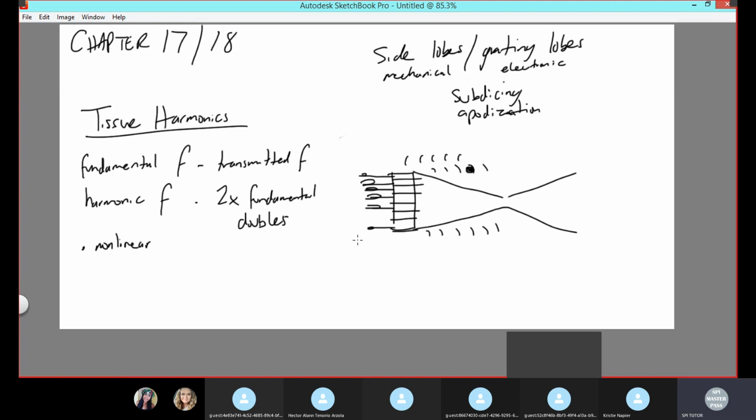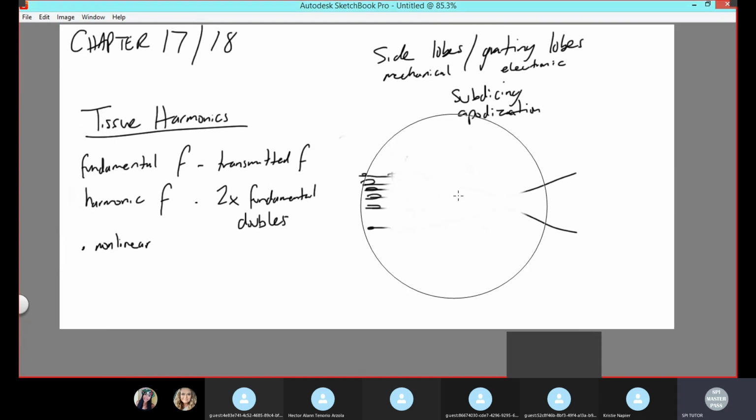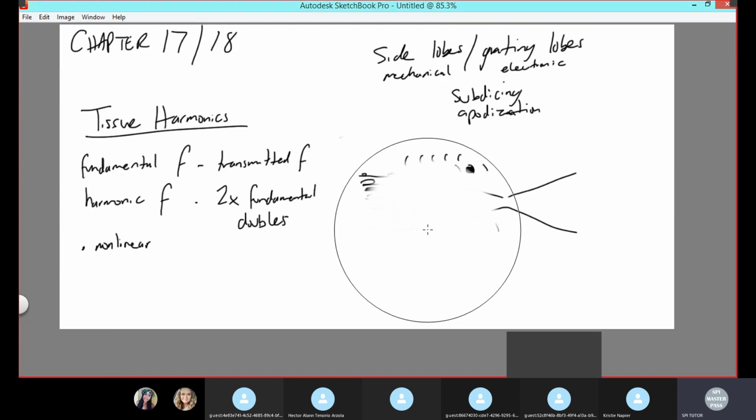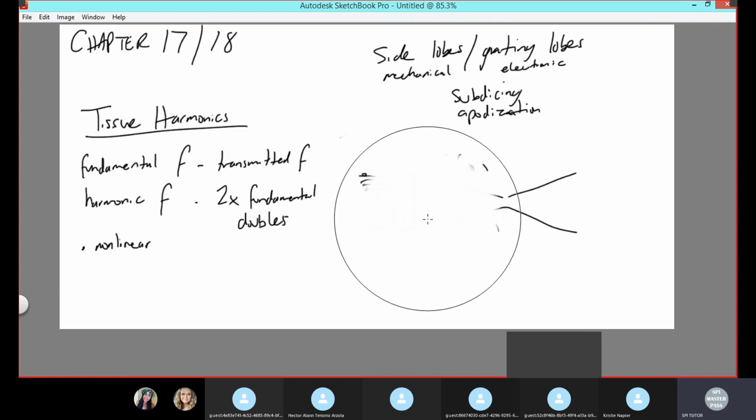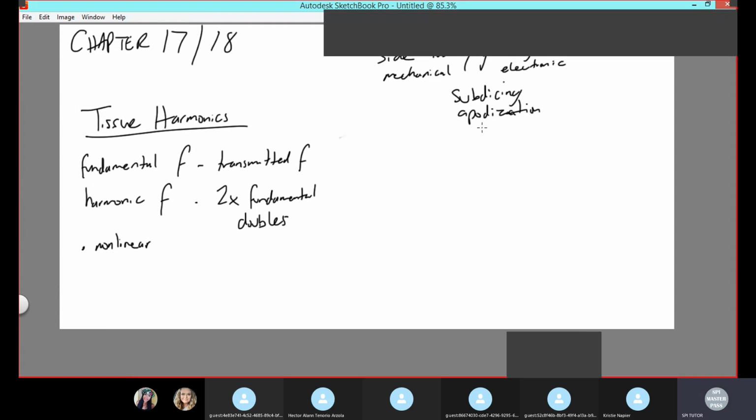And that just reduces your chances of getting anything from the sides because you made them so weak to begin with. So it's just good to know these terms exist, okay? So tissue harmonics helps with side lobes and grating lobes. So does subdicing and apodization. I know that it might be a good chance that you'll see one of these words pop up in the SPI.